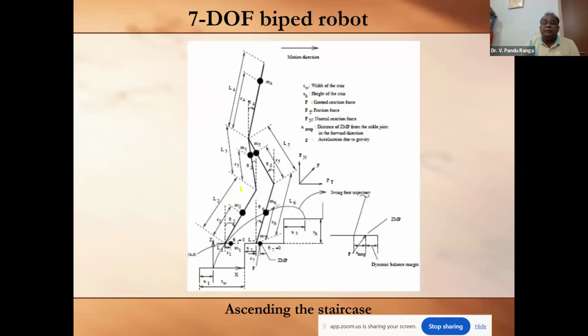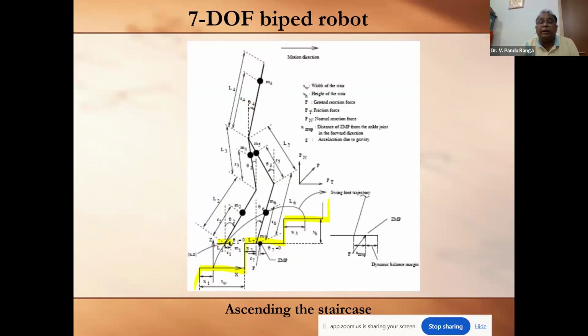This schematic shows a 7 degrees of freedom biped robot moving on the staircase. If you observe, there are lines. Now I am tracing those lines. This represents our staircase, and the thick lines represent the structure of the biped robot.